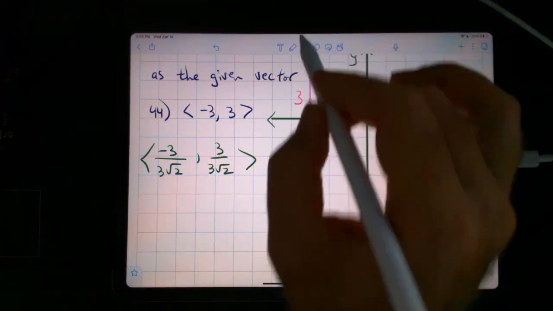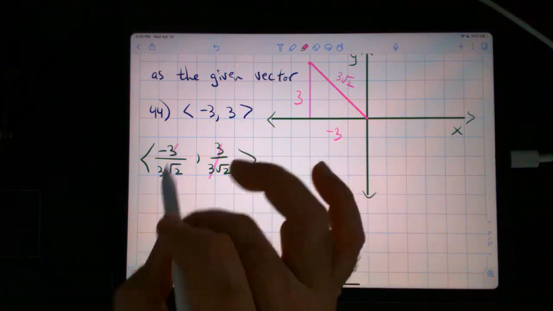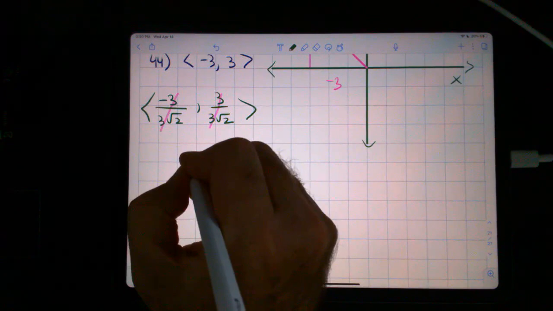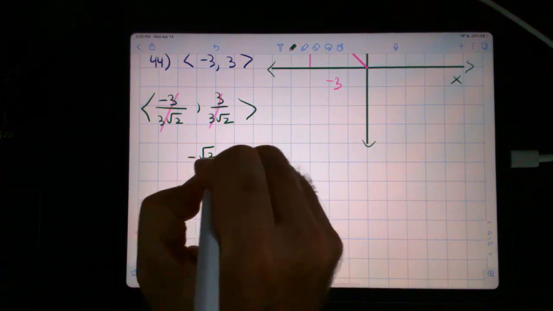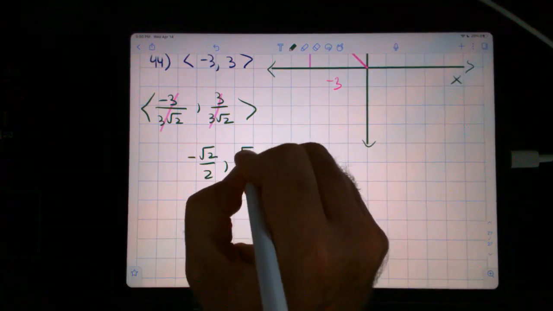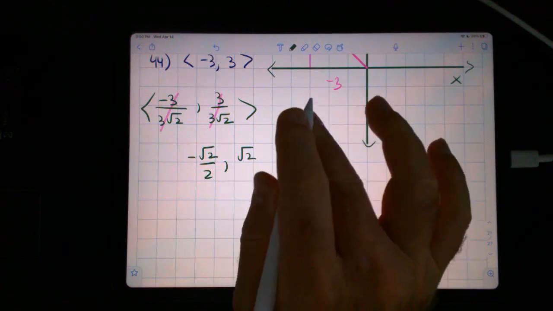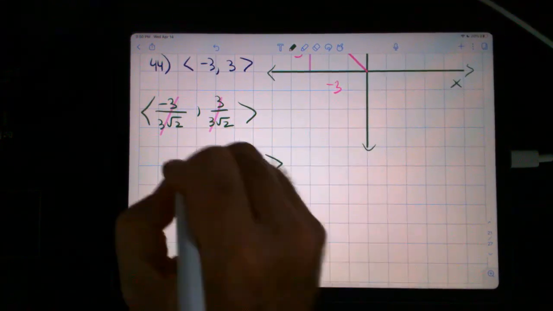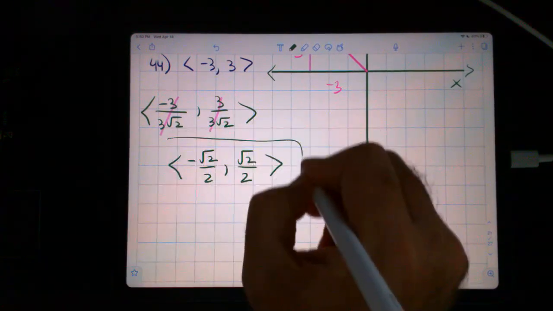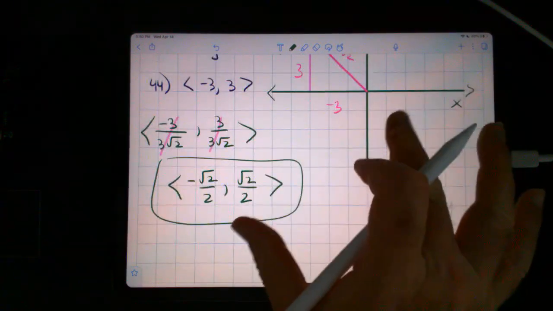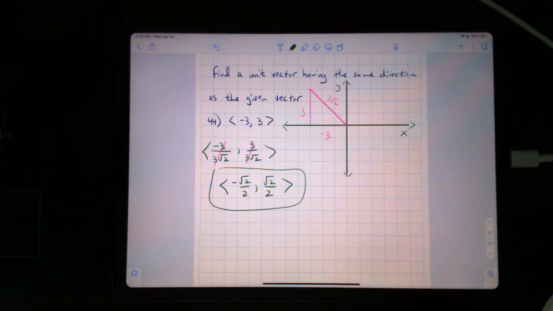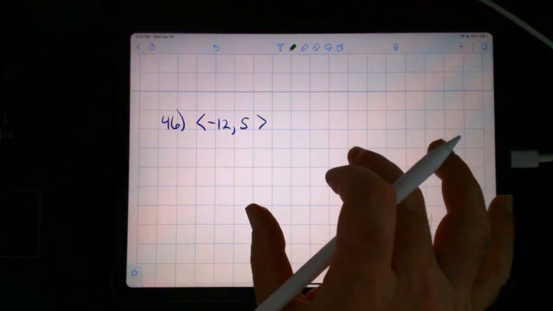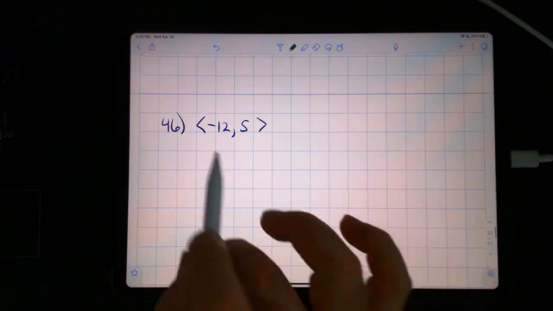Okay, the 3's simplify. When you rationalize the denominator, this would give us... same thing here.